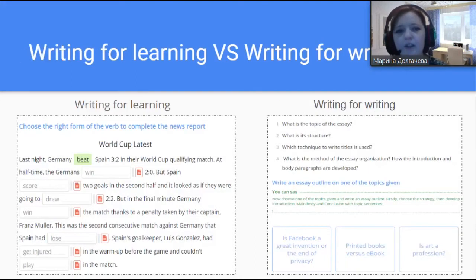Now let's have a look at the two types of activities, and they are already differentiated. You can see that the left one is the one that belongs to writing for learning skills. This example is about filling in the blanks, filling the gaps.